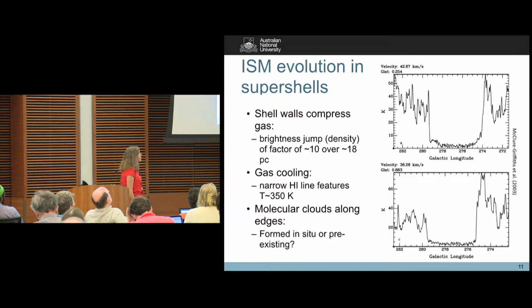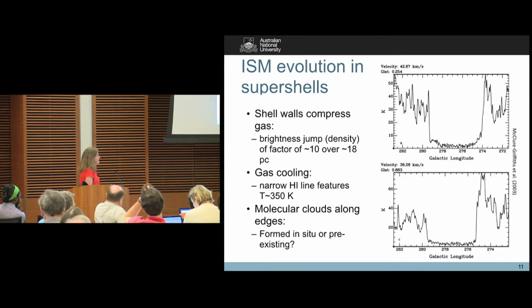The shell walls compress gas, with brightness temperature jumps of a factor of 10 over a few tens of parsecs. The gas then cools down in these dense walls, and you see cool lines of something like a few hundred Kelvin, as estimated from the line width. And indeed, you can even start to see molecular clouds forming along the edges.